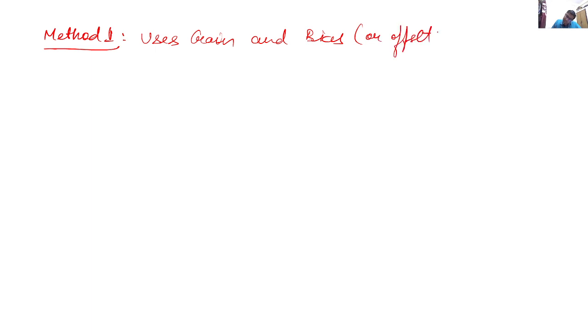So method 1 is also known as the gain and bias method. It uses gain and bias. Bias is also known as the offset values.